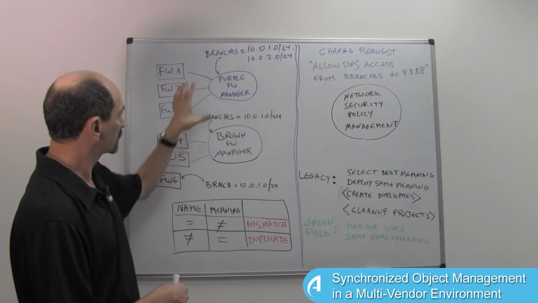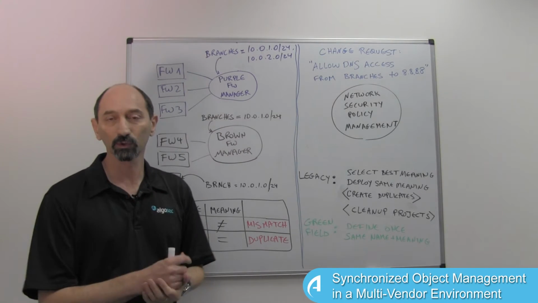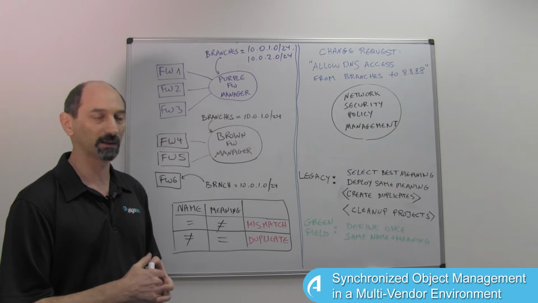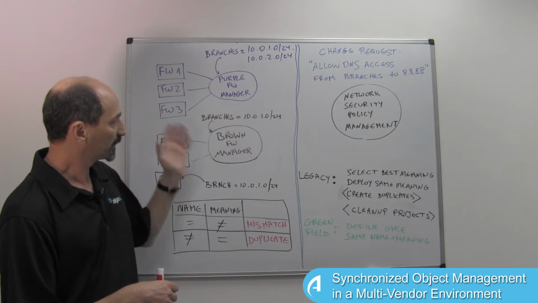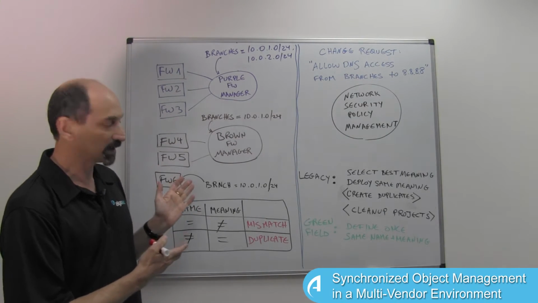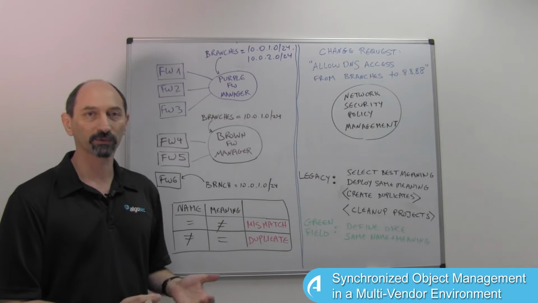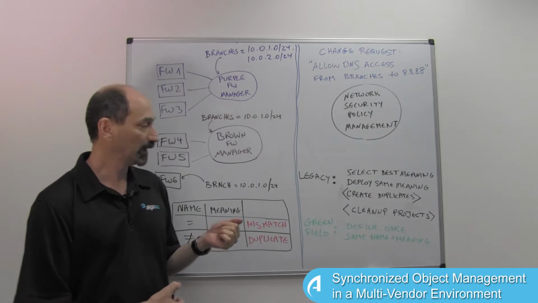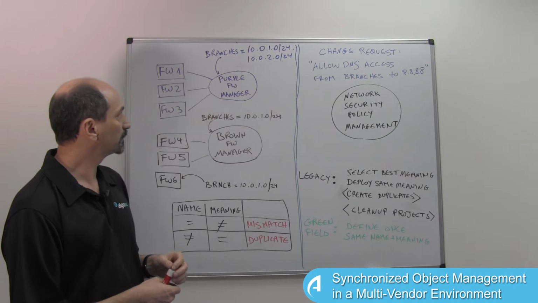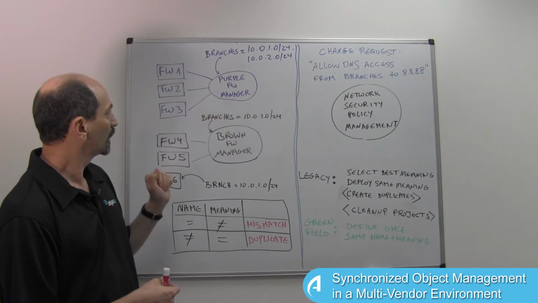And all of these three environments allow you to define objects, give names to networks and hosts, but they're not synchronized in any way. So you have a challenge: you don't have a single source of truth for the naming. And this could create a couple of types of confusions and mistakes.